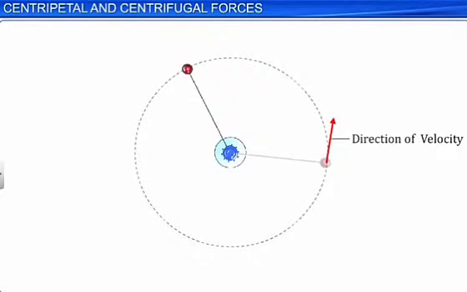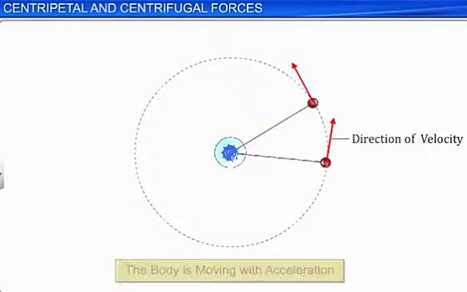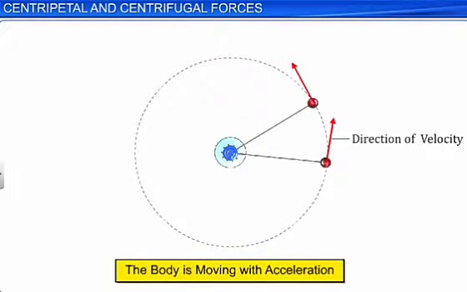When a body is executing uniform circular motion, the direction of the tangent, and consequently, the direction of velocity of the body, is changing continuously. Due to the continuous change in the direction of velocity, the body is said to be moving with some acceleration.